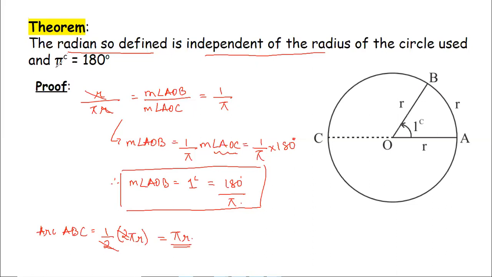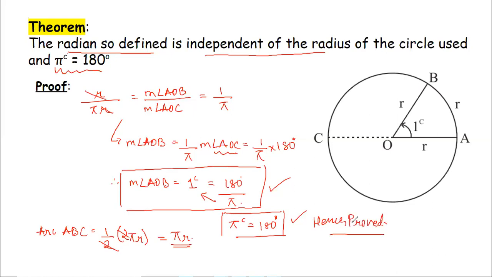Second, pi radian should be equal to 180 degree. It's now easy to prove: we cross multiply pi, and we get pi radian is equal to 180 degree. This is the second proof. So both parts have been proved, hence proved, and this is where our theorem ends.